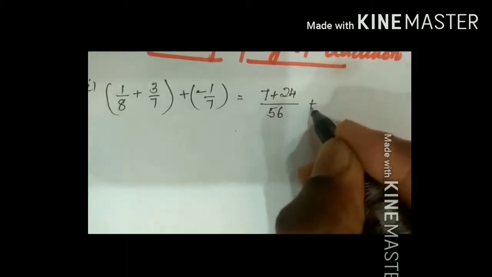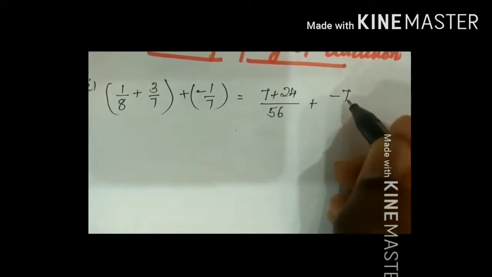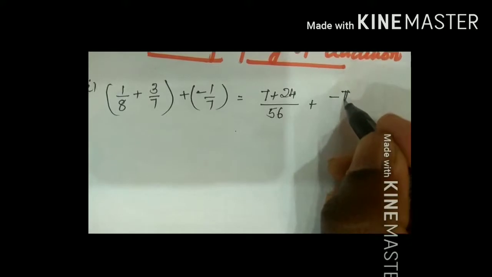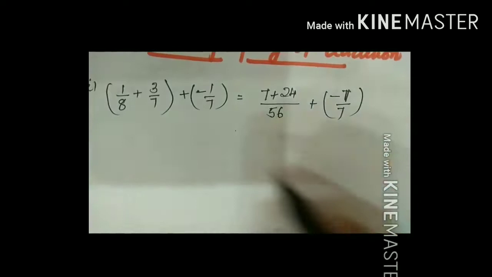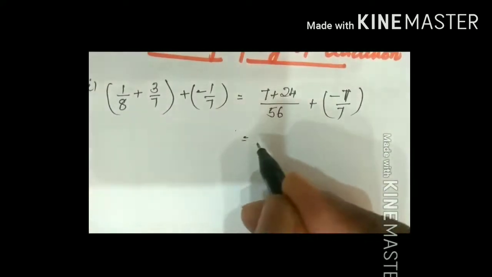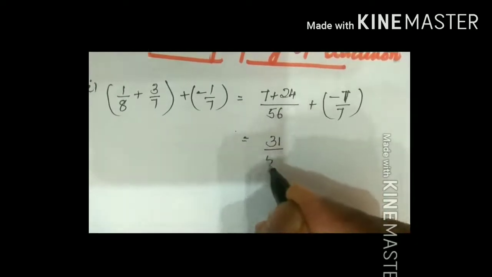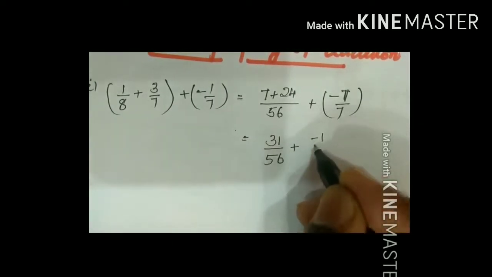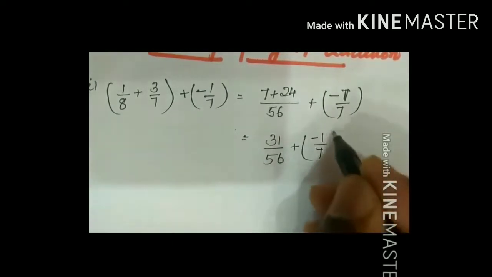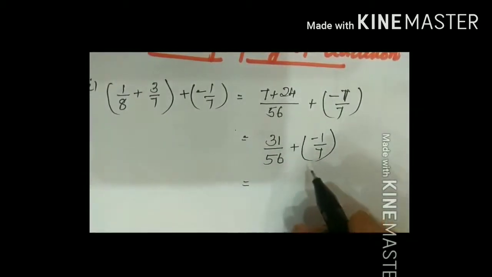So the result is to be again added with the third rational number, that is minus 1 by 7, right? So this is 24 plus 7 is equal to 31 by 56 plus minus 1 by 7. Again the denominators are 56 and 7. The denominators are different, so we have to take the LCM.